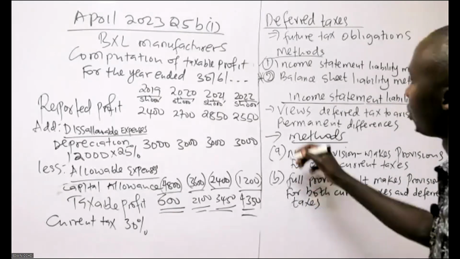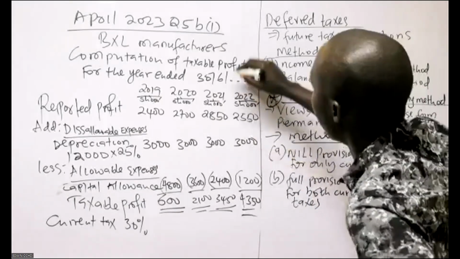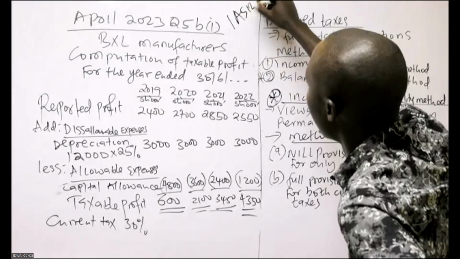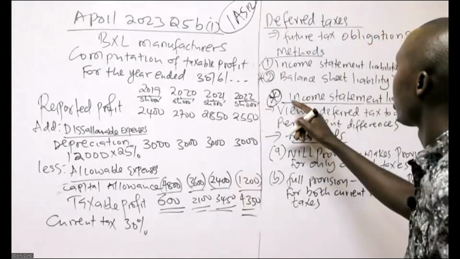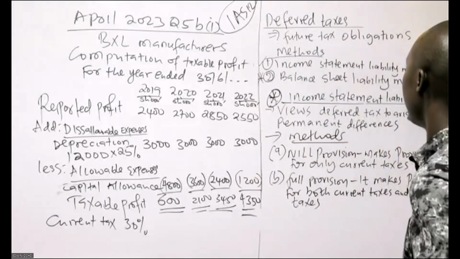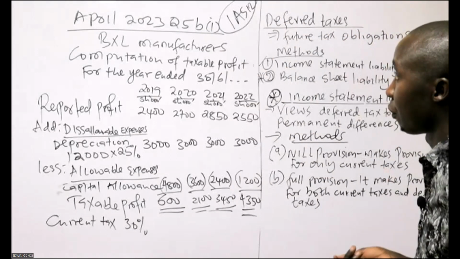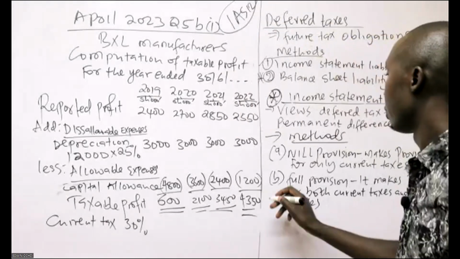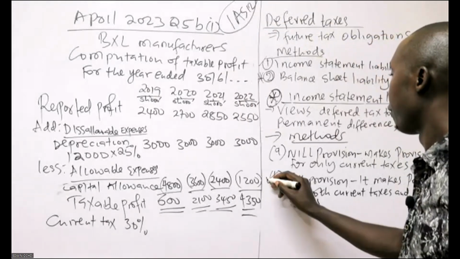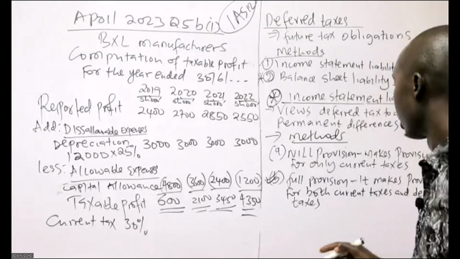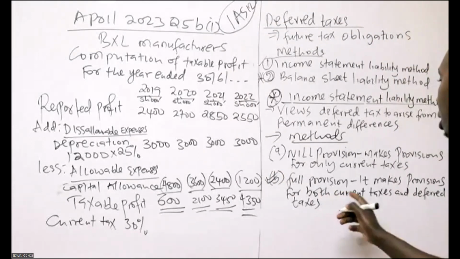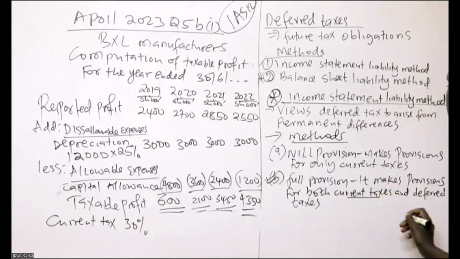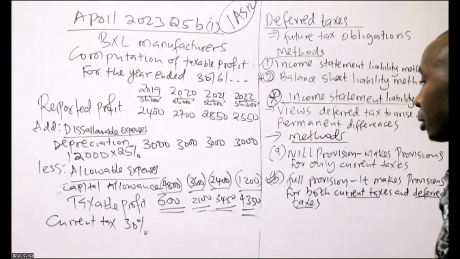If this method, the income statement liability method, was recommended by International Accounting Standard 12, even though it's not recommended for computation of deferred tax, we would use the full provision, because the full provision makes provisions for both current and deferred taxes.